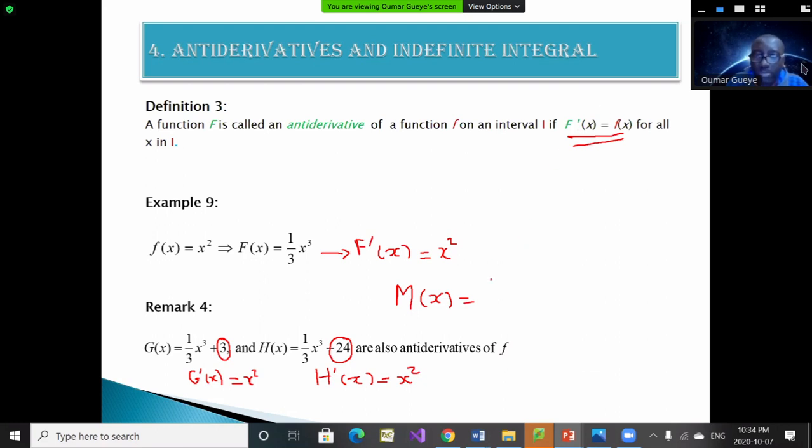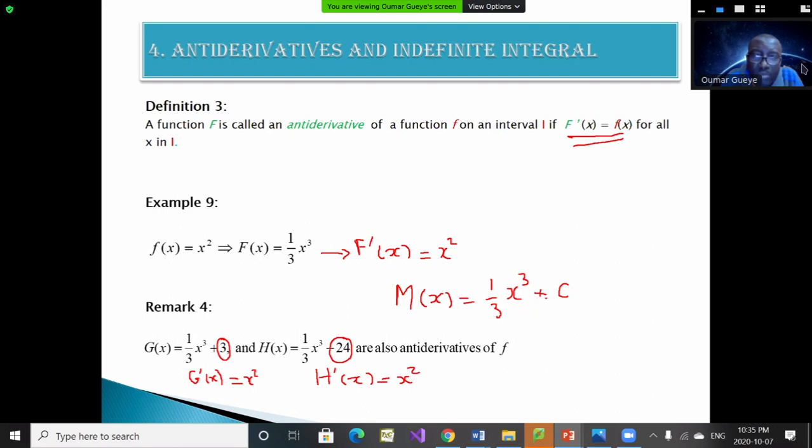And all of them will be given by 1 by 3 x cubed, which is the common term, plus a constant c, where c is an arbitrary constant, could be any number. C could be 0, 5, 3, -24, and so on. And this is what we mean by the most general antiderivative, as you've seen in 1500.